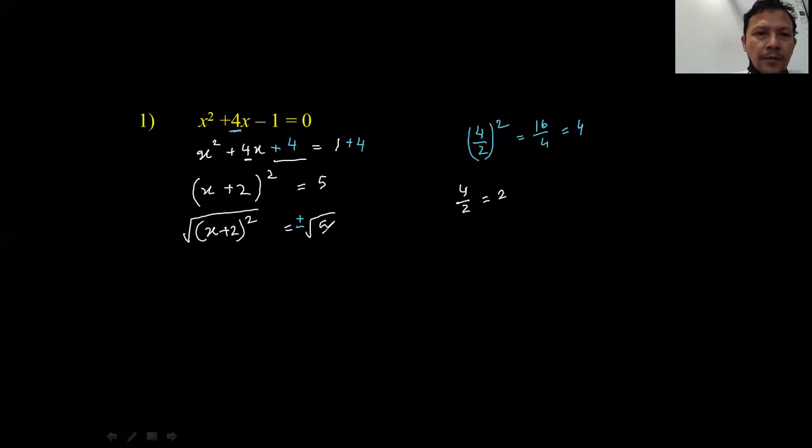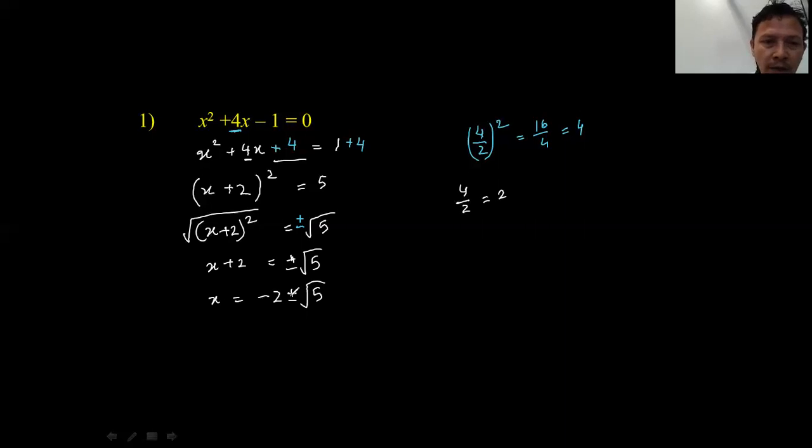Now, the square root takes away the square and we are left with x plus 2 only, which is equal to positive or negative root 5. And x is equal to, we subtract 2 from both sides. So minus 2 plus or minus root 5.